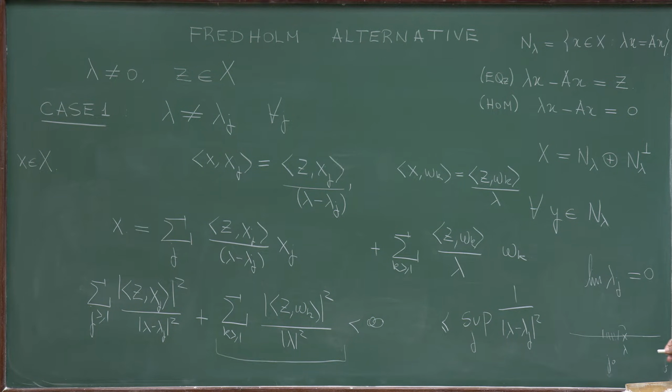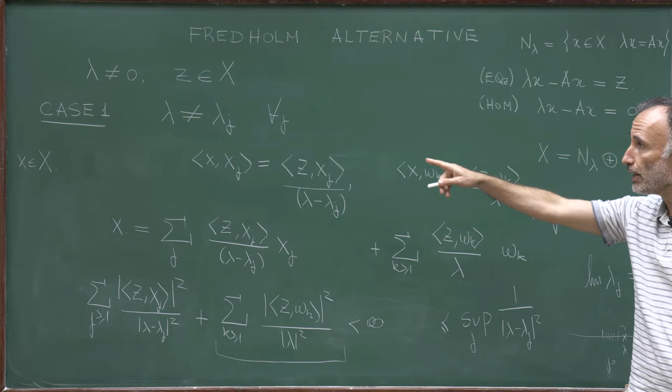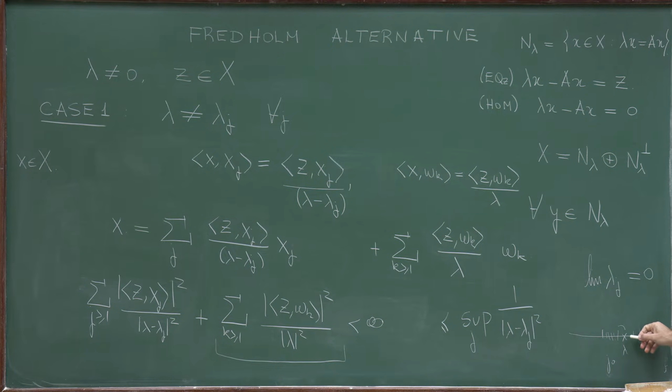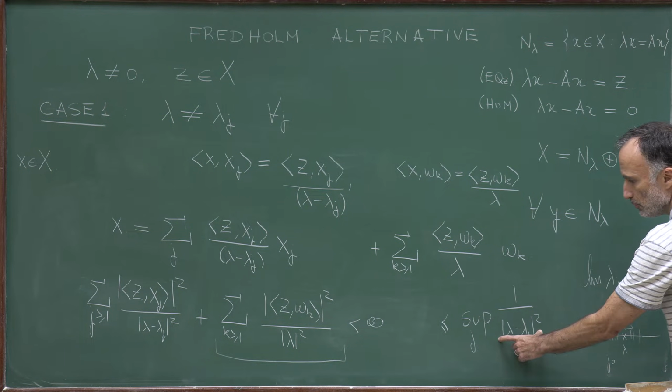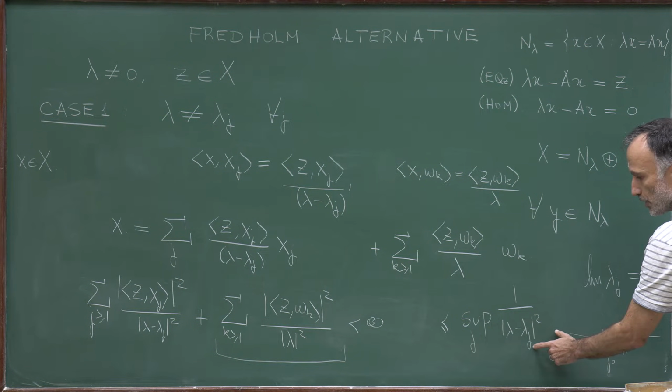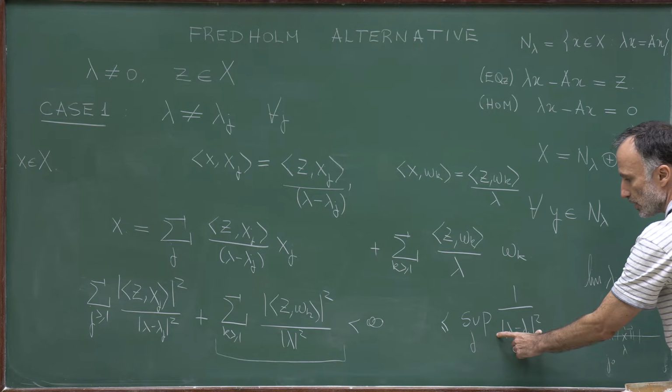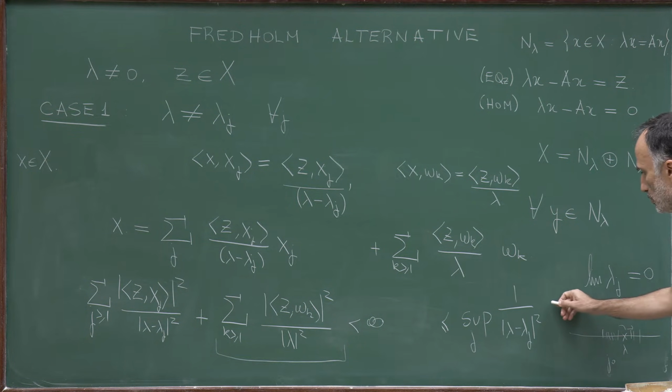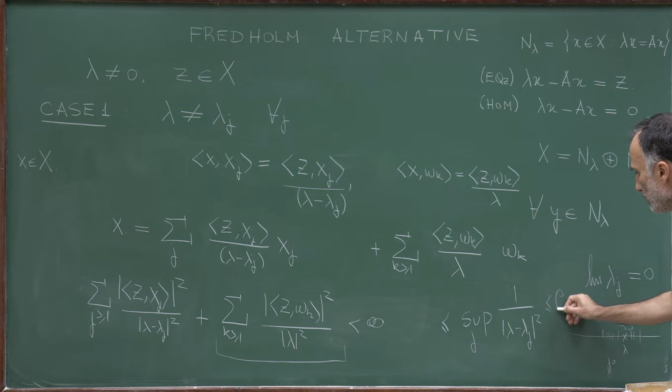On the other hand, there are only a finite number of them which are larger than that. And since they are all different from λ, there is a distance. So the infimum over j of this expression is strictly positive, and therefore the supremum of the inverse is bounded by some finite constant C1.